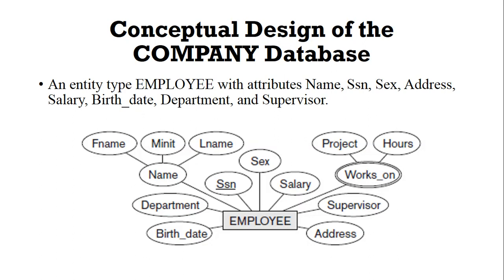The meaning is that a particular employee can work on more than one project. That's why works on is mentioned as a multi-valued attribute. Okay. So the hours will also differ for each project. Works on being a multi-valued attribute means the projects may be more than one and the hours may be different for both the projects.